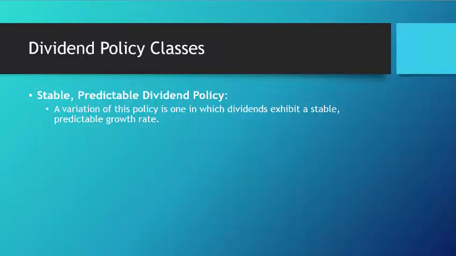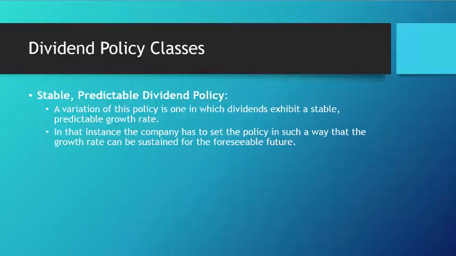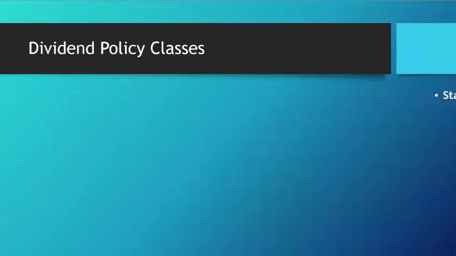Therefore, you can estimate your G at such and such, and based on that, you can do a really easy dividend discount model and figure out approximately what the value of that stock is. In that instance, the company has to set the policy in such a way that the growth rate can be sustained for the foreseeable future. This one's a harder one for companies to do, but there are companies out there who are doing it.